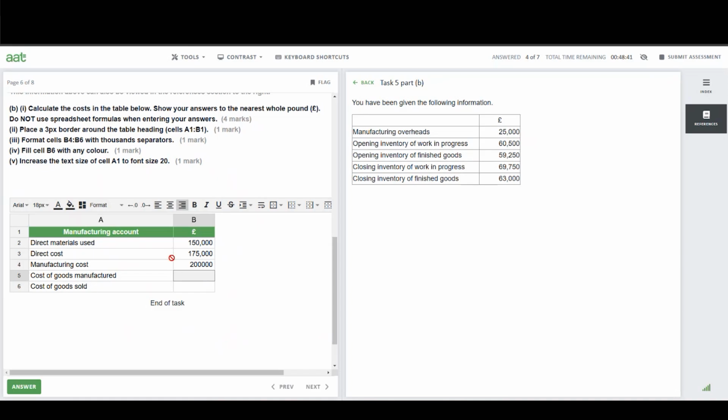So the cost of goods manufactured is 190,750.